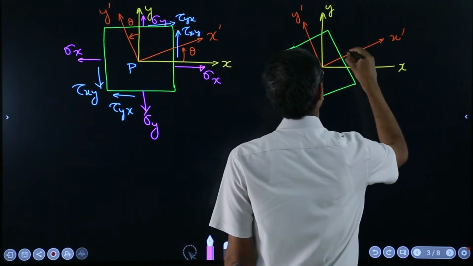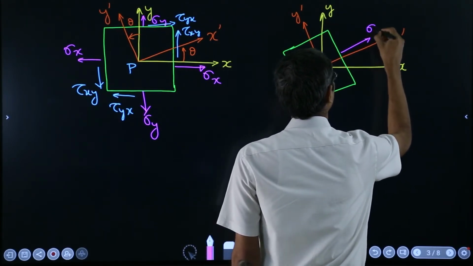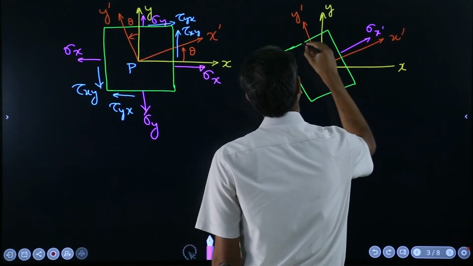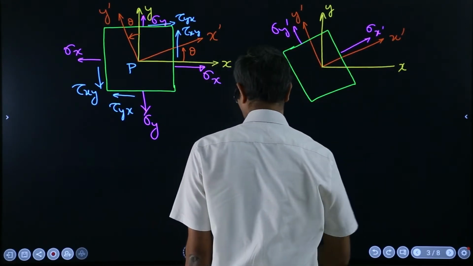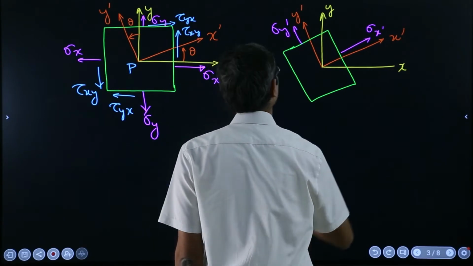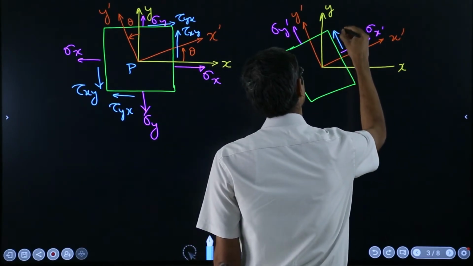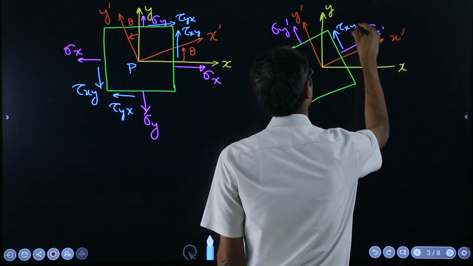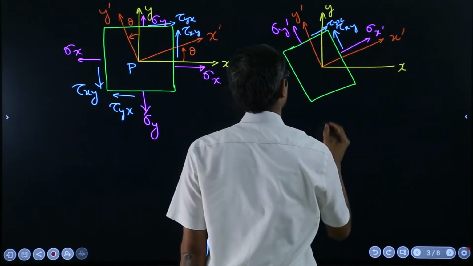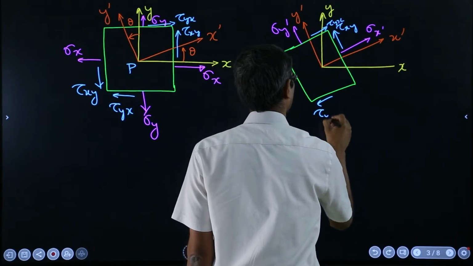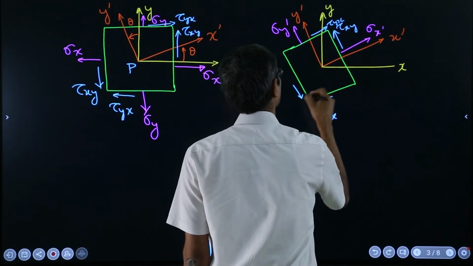So, this will be sigma x primed, this will be sigma y primed, and this will be tau xy primed, this will be tau yx primed, right?